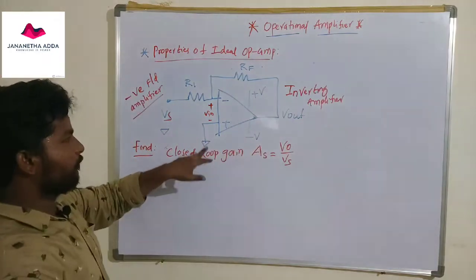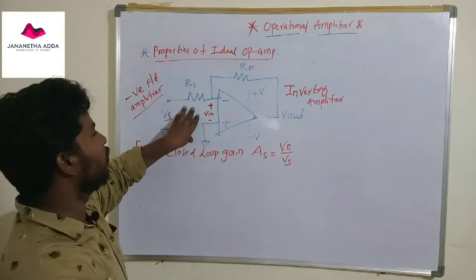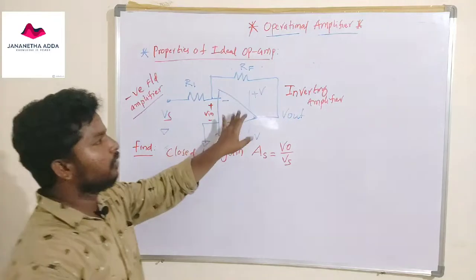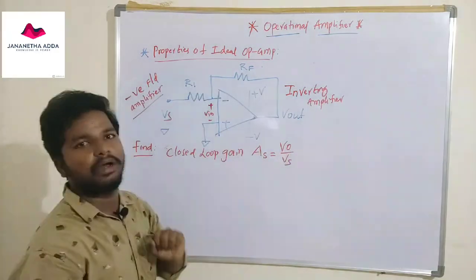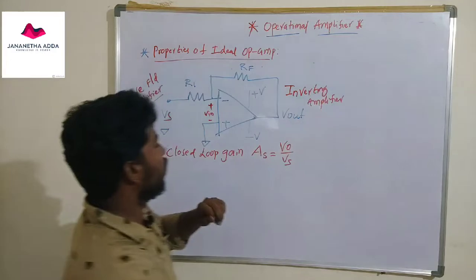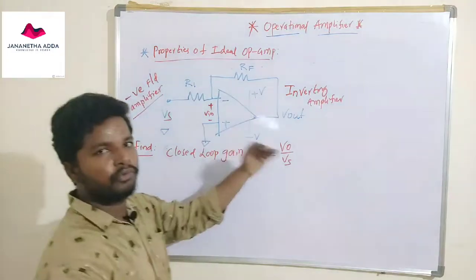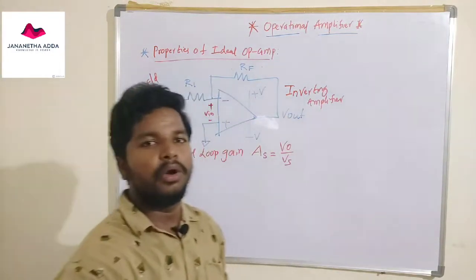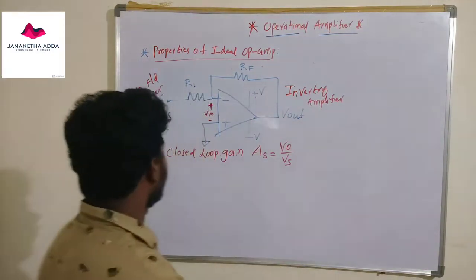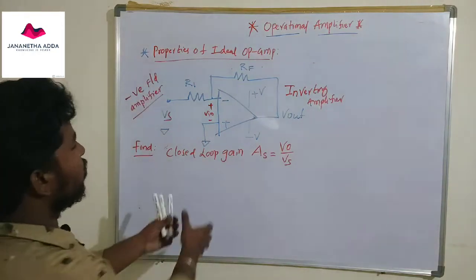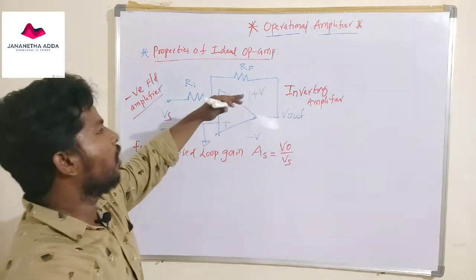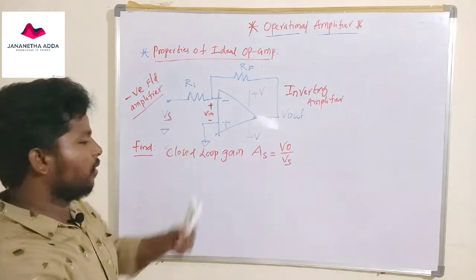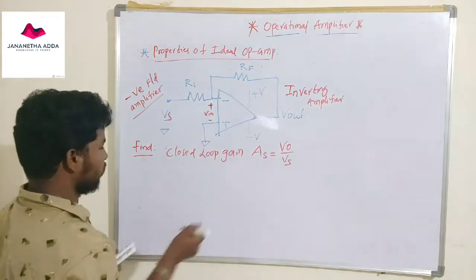And because the input signal is given to the negative terminal, it is called an inverting amplifier. So we will prove this inverting configuration, and also all the properties of an ideal operational amplifier. For that I want to represent this practical operational amplifier in an ideal operational amplifier diagram.